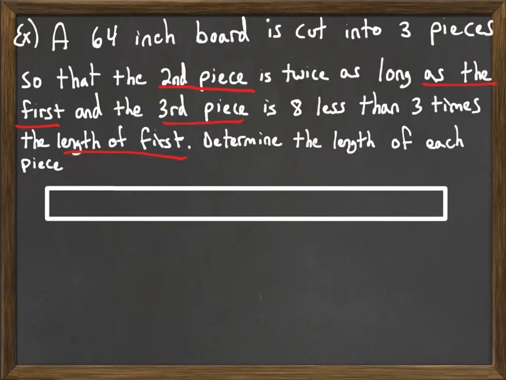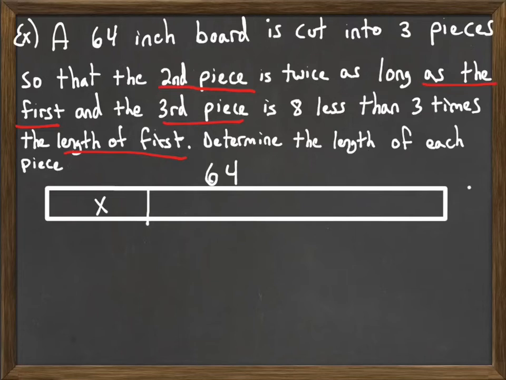So that means it would be a good idea to make x my variable. I've drawn my board, and I know that my board is 64 inches long, so I can label that. I'm going to divide this up into 3 pieces. The first piece I'll call x.